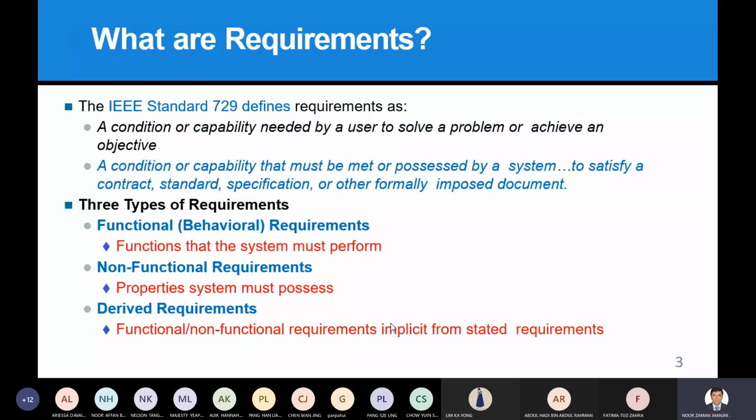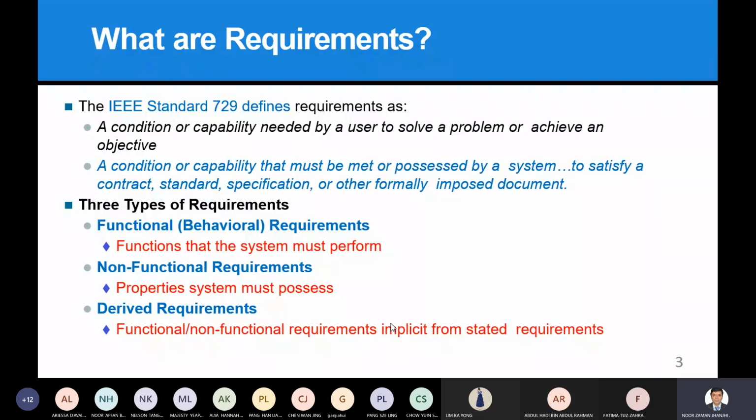So going ahead, here you can see what the requirements are. This is not a definition, as I mentioned to you. This is something which is a standard, and that standard is IEEE standard 729, which defines what a requirement is. I hope you are aware of that. We may not say only that the requirement is what the customer needs.